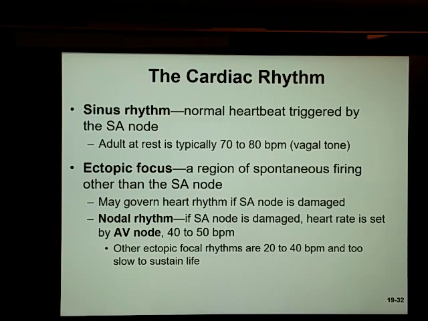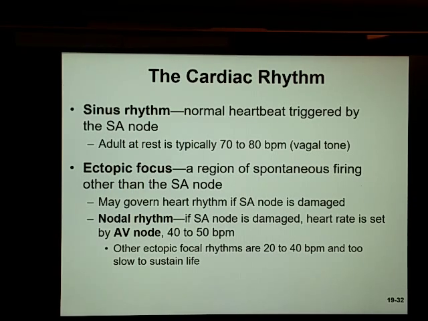So if, for example, the SA node is damaged and we have to depend on the AV node to set the pace, the heartbeat slows down significantly, because the AV node can only set a pace of about 40 or 50 beats per minute.